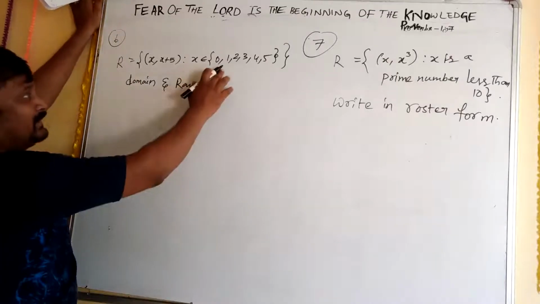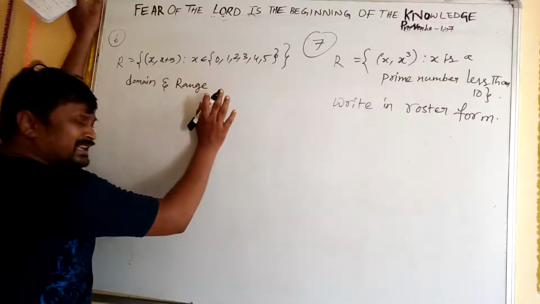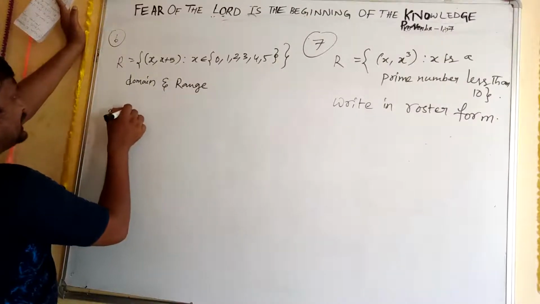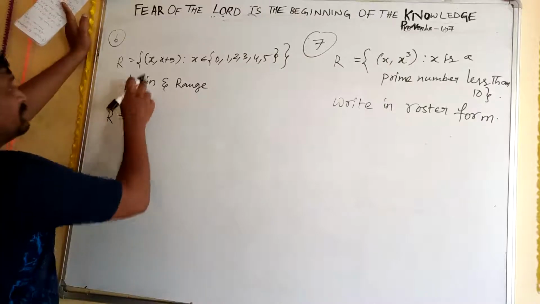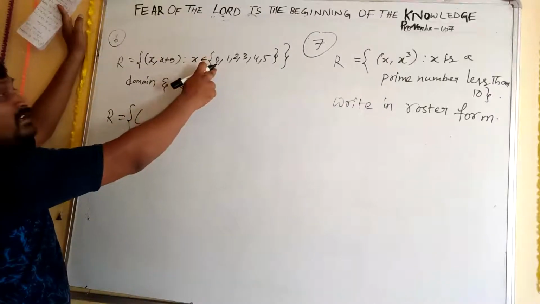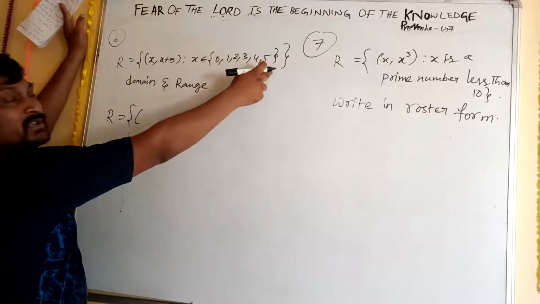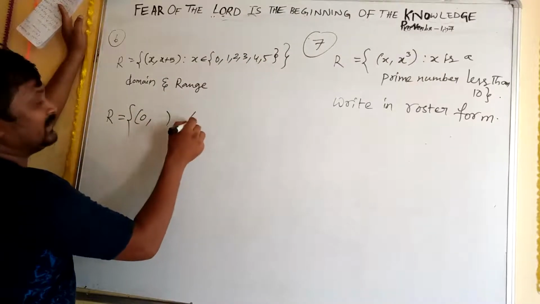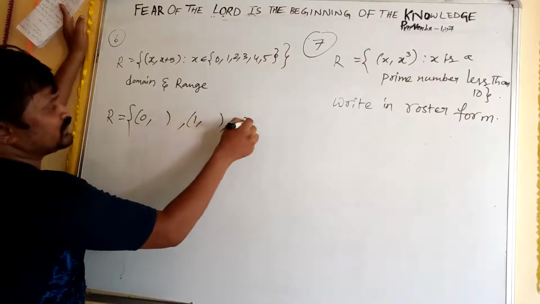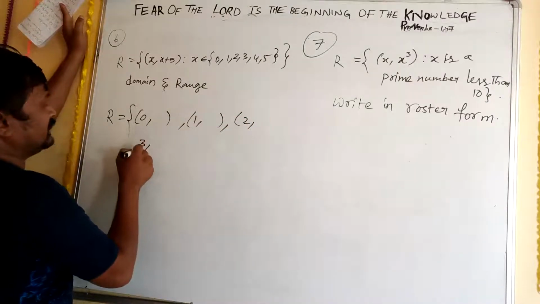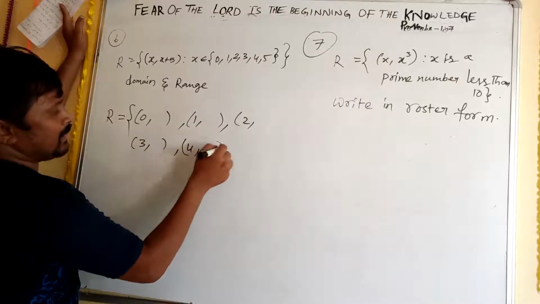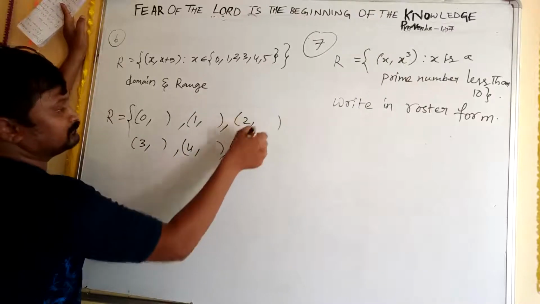So first domain. So here very easily given. So no need to check anything. First I'll write the relation. First here, what is x here? First take 0, next 1, next 2, next 3, next 4, next 5. So 0 comma, 1 comma, 2 comma, 3 comma, 4 comma, 5 comma.